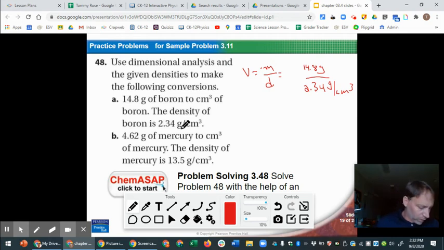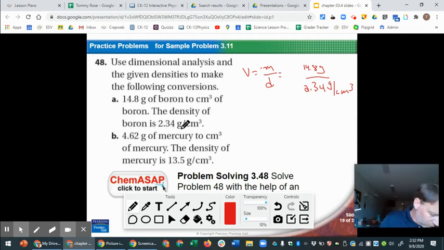And then so let's see here, 14.8 divided by 2.34 gives me 6.32.